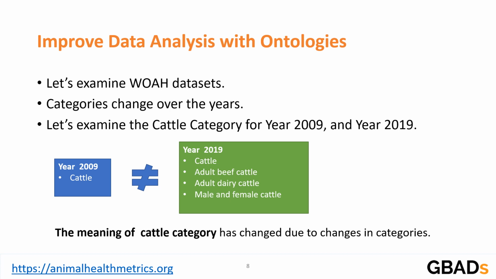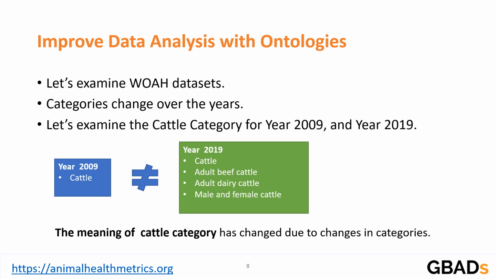In this slide, we examine the WOAH datasets. WOAH datasets have their categories change over the years. So if we examine categories in year 2009 and 2019, we see that the meaning of the cattle category has changed. In 2009, we have only one category.